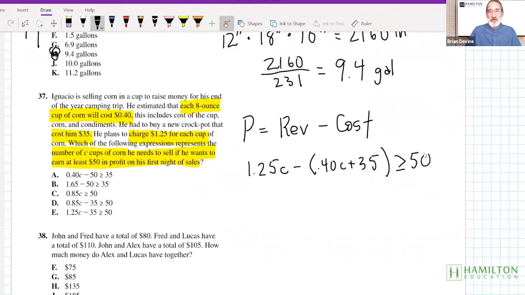So we just took the words and translated them into something that we could deal with. So if I take 1.25 minus 0.4, that's 0.85 C minus $35 has to exceed 50. And we can see right away that is D.